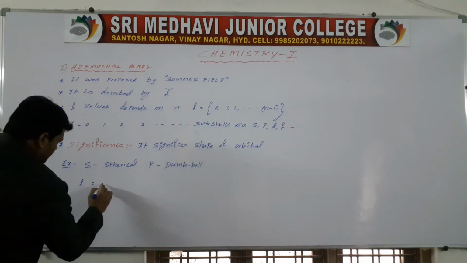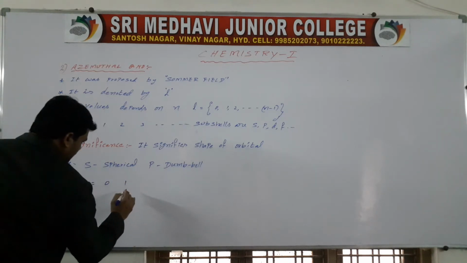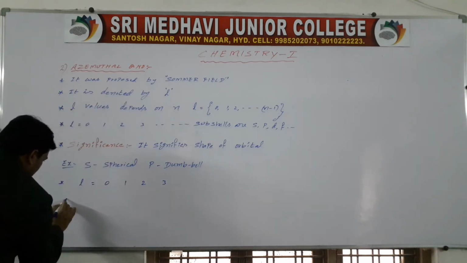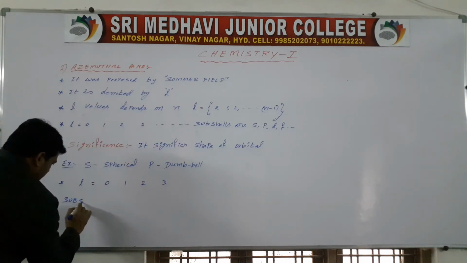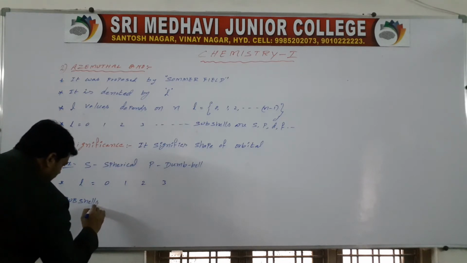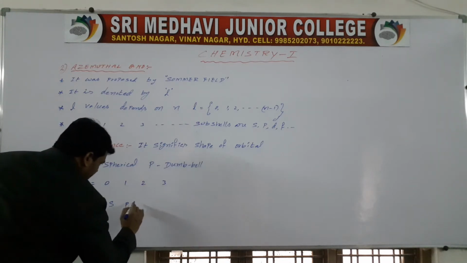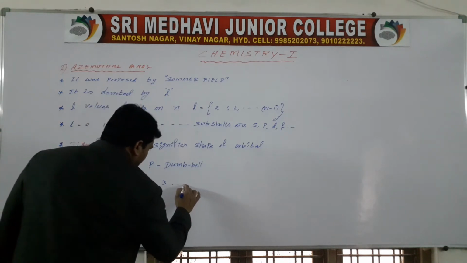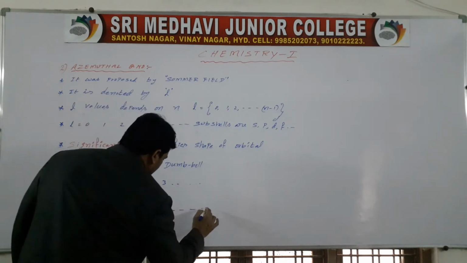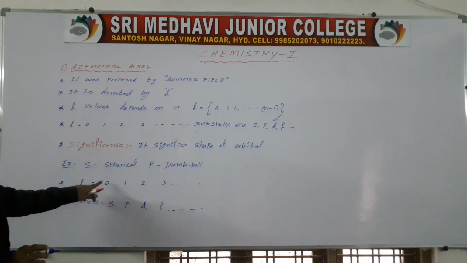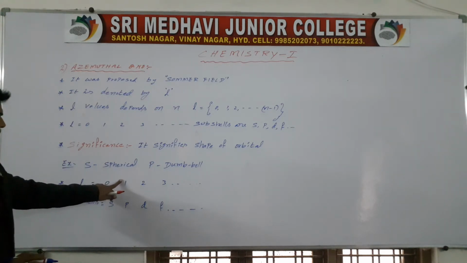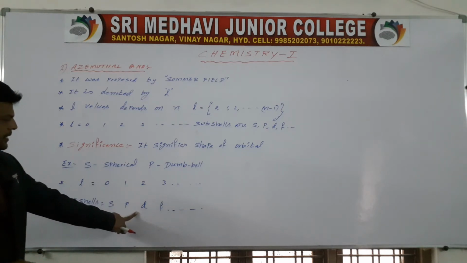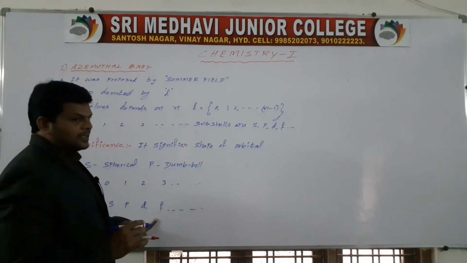L equal to 0, 1, 2, 3; subshells equal to s, p, d, f and so on. L equal to 0 means subshell is s. L equal to 1 means subshell is p. L equal to 2 means subshell is d. L equal to 3 means subshell is f.